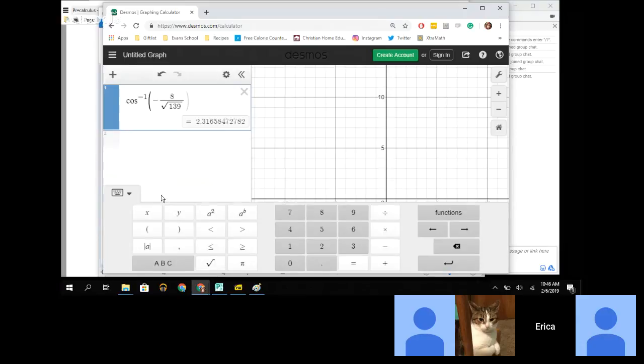Okay. -8 divided by the square root of 139. So then we get a theta value of 2.316.